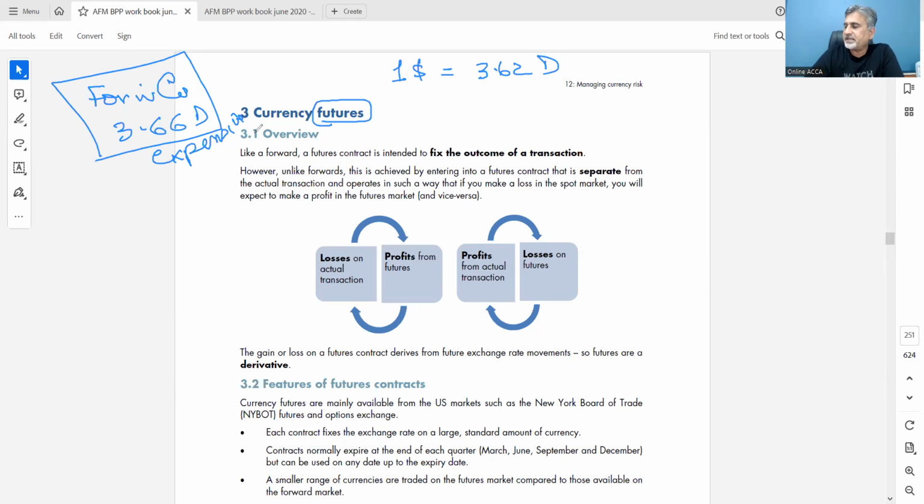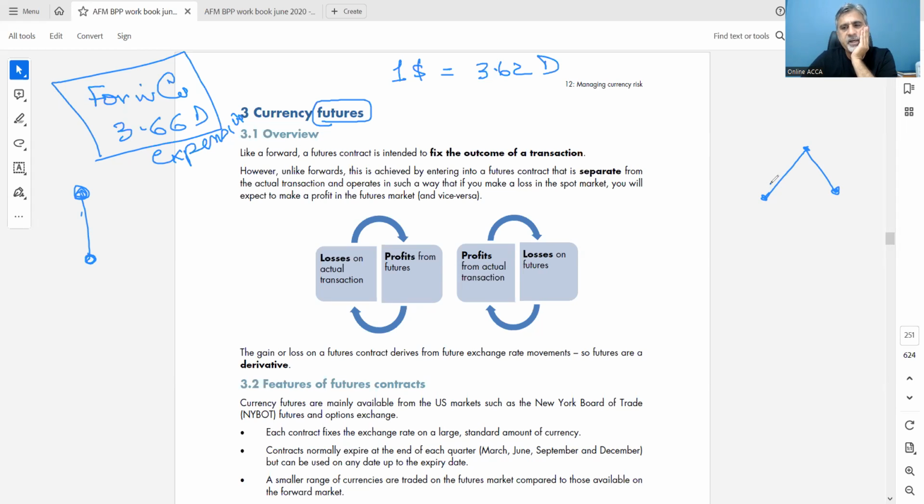Like I said, in a forward contract there is only one contract between the two parties, and that's all. Very simple. They will deliver you $1 for 3.66 dirhams. But in a future, you need to understand that there is not a one-to-one relationship. There are two things that will happen.